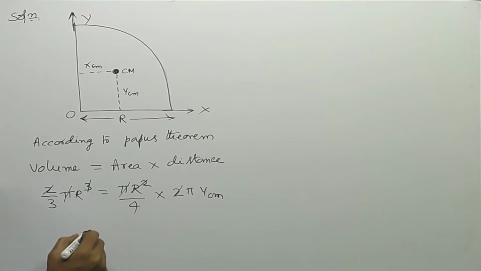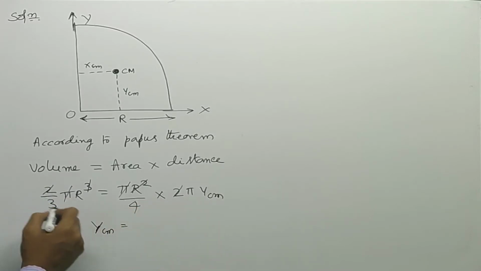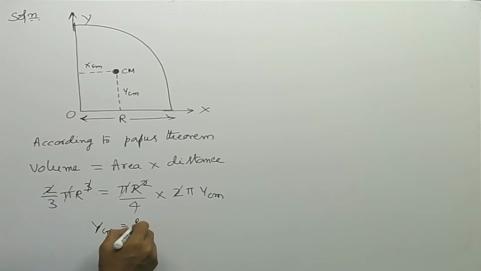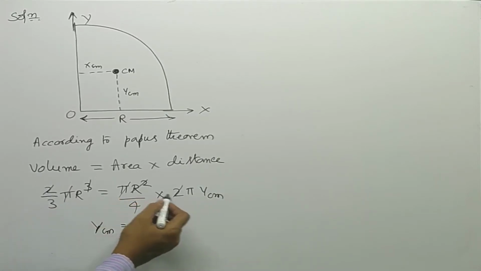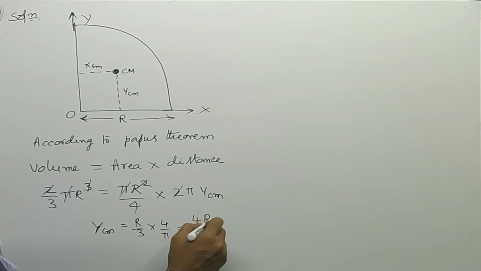And remaining, so ycm, the y coordinate of the center of mass, is equal to: on the left side, r by 3 remaining, r divided by 3, and from the right side, pi by 4 remaining. So this is 4r divided by 3 pi, the y coordinate of the center of mass.